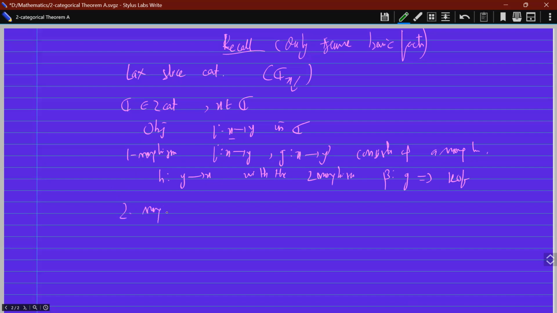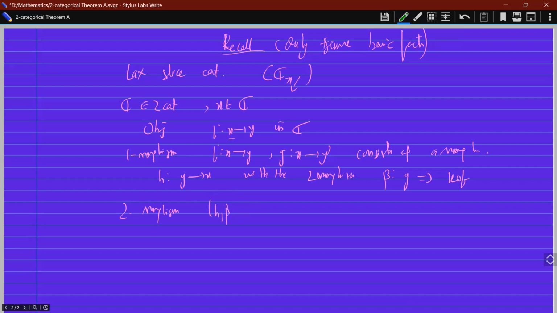This is just a recollection. I talked about everything in detail the first time. So the two-morphisms from, okay, I've called this H, so let me be consistent with notation.